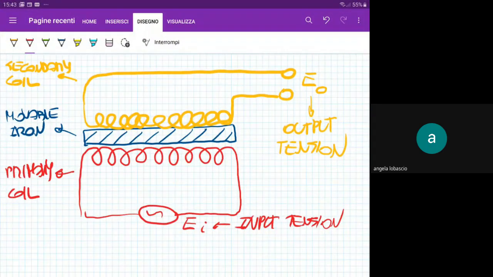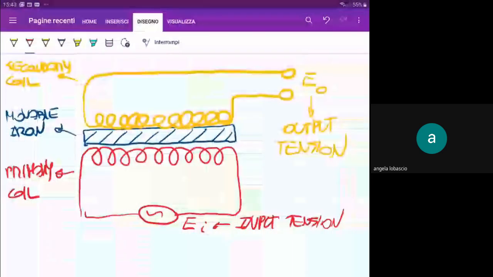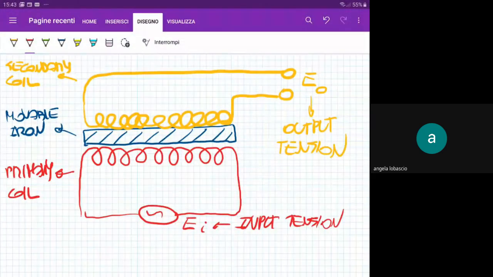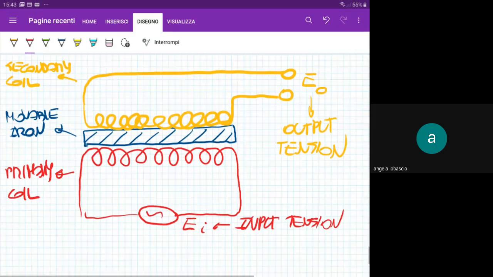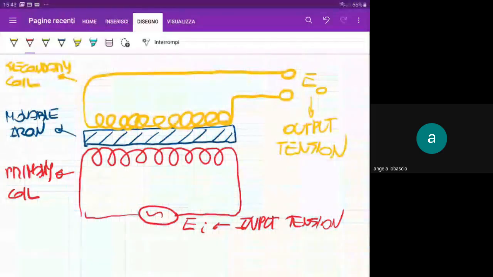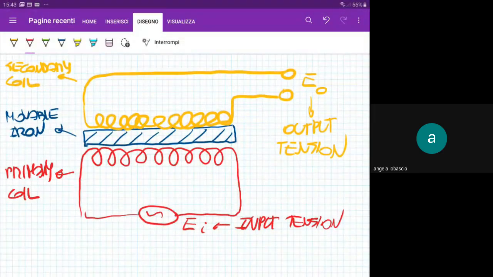Now, according to the different position of the iron core, the windings of the secondary coil will be energized differently, and that causes a different output tension, EO.